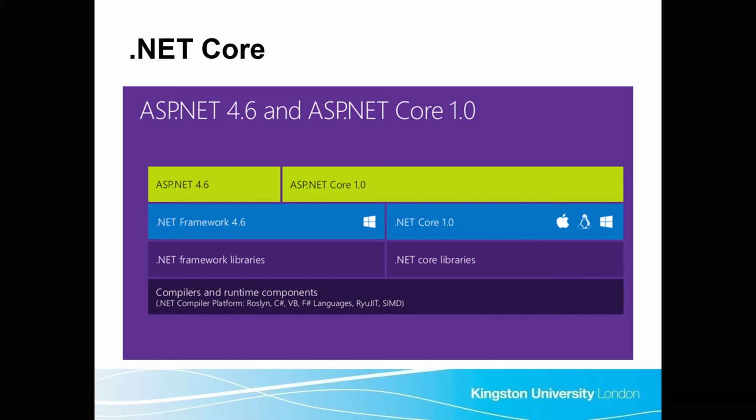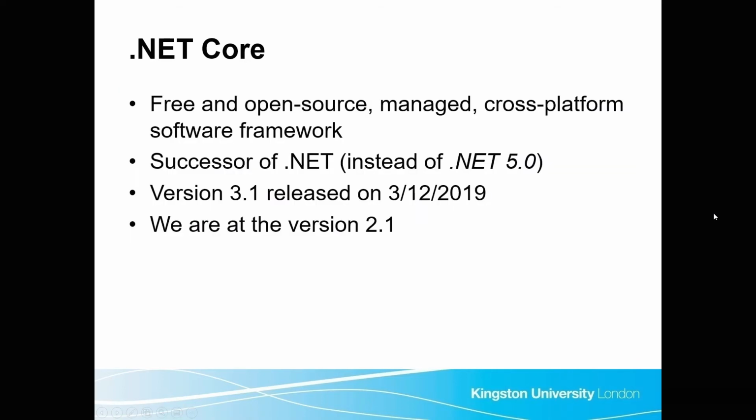All substantial .NET technologies are now available in the core versions, for example ASP.NET Core. You can notice from this diagram that the versioning number has been reset with .NET Core. So what .NET Core really is, it's free and open source, which is quite a revolution, because free and open source is not what you would normally associate with the Microsoft trademark.